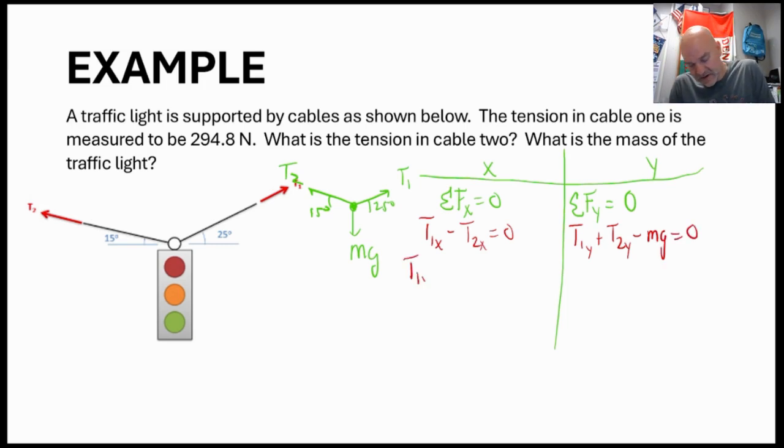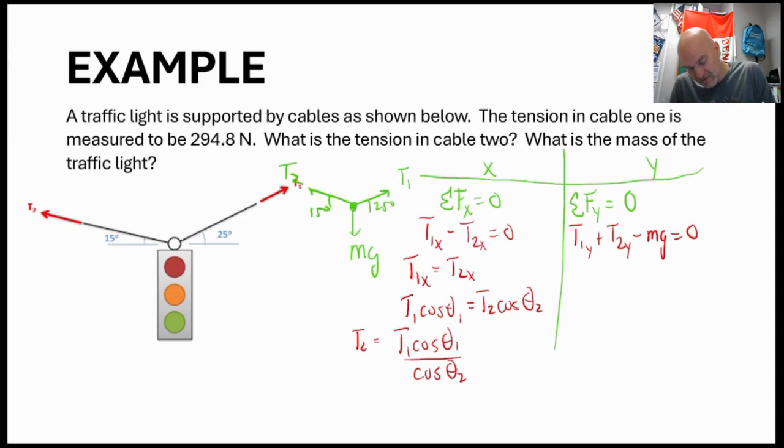And then I say T1x equals T2x, so T1 cosine theta 1 equals T2 cosine theta 2. I just keep working my way down because this part will give us T2. So T2 equals T1 cosine theta 1 over cosine theta 2.